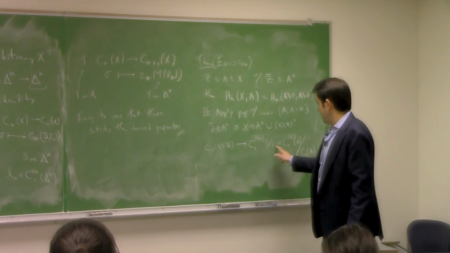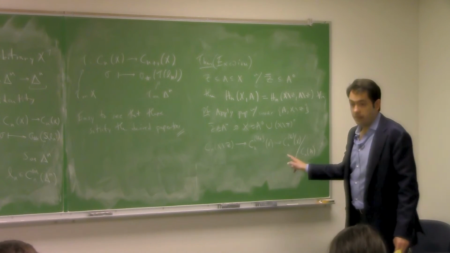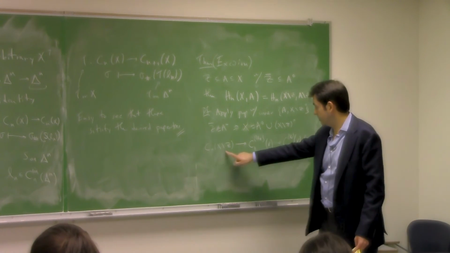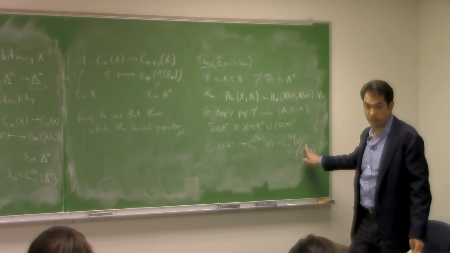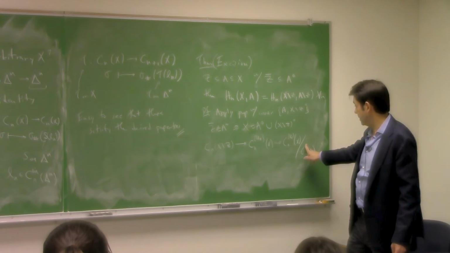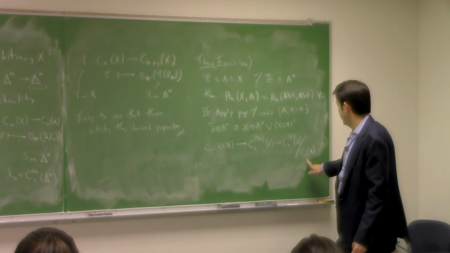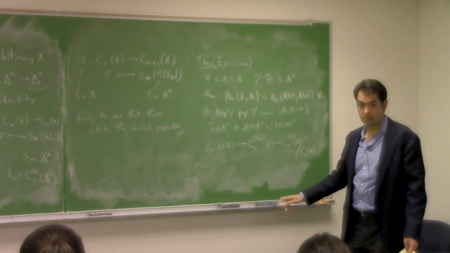Right. So we can run the same proof that we had at the end of the last class. This composition surjects, and its null space is precisely the chains in A minus Z.